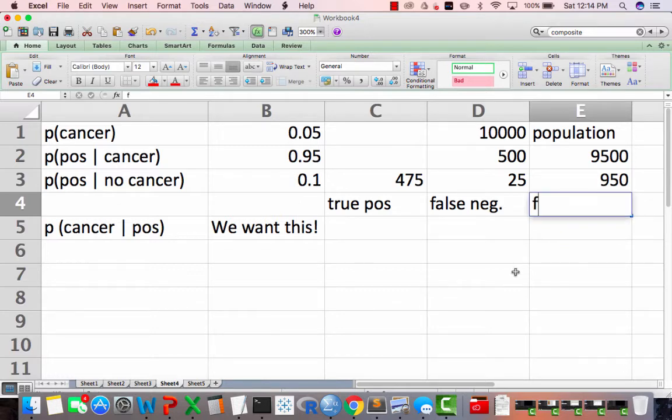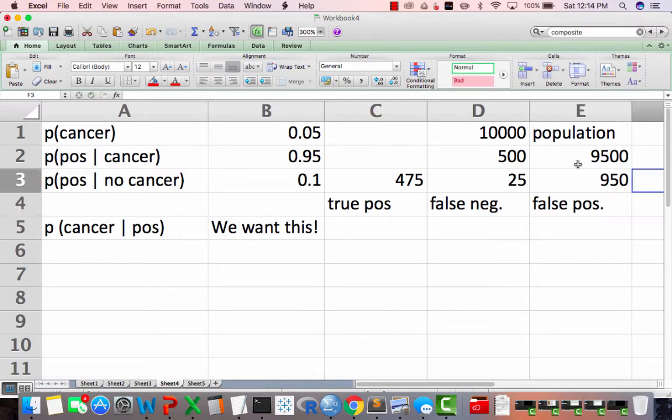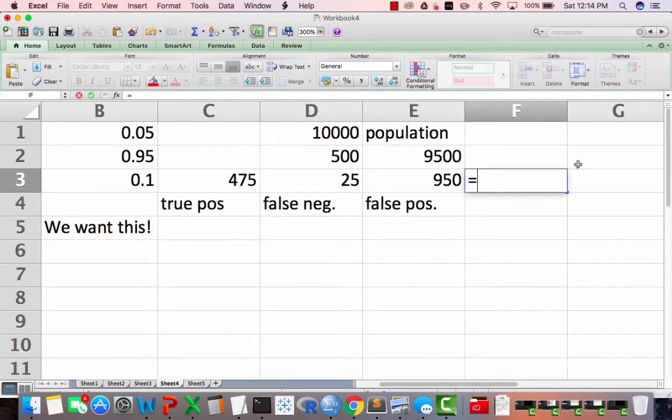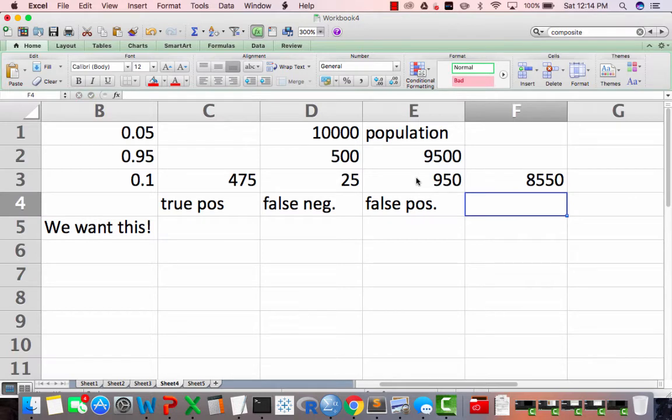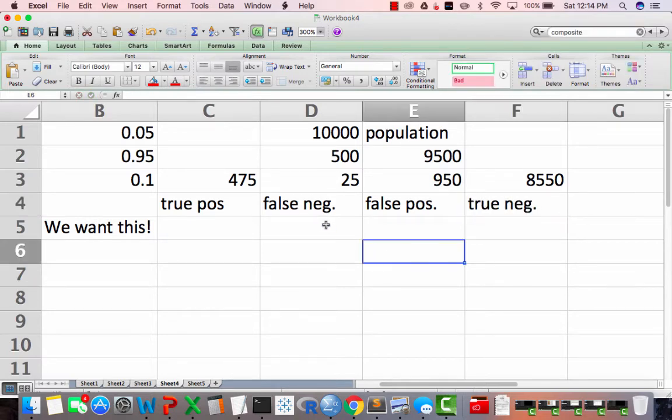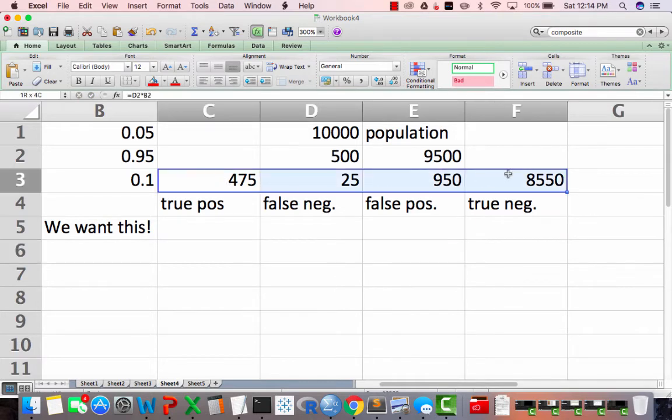That would be a false positive in this context. Then that leaves 9,500 minus 950 people who got correctly classified as not having cancer. So now we can think about these four numbers: our true positive, our false negative, our false positive, and our true negative.